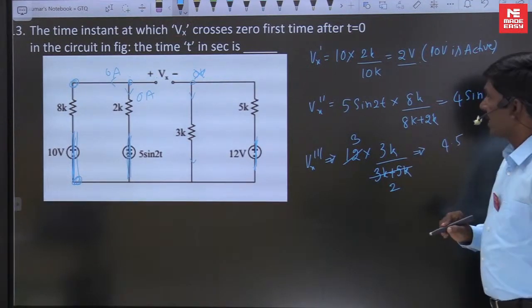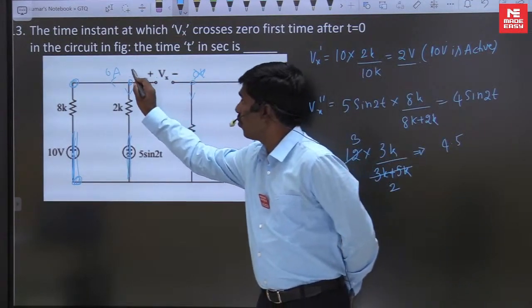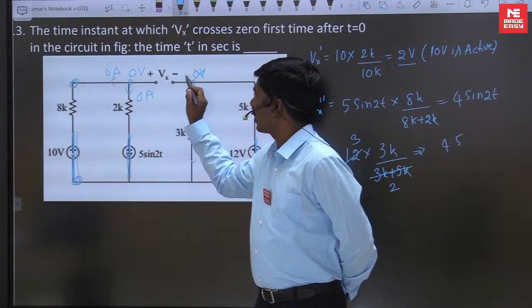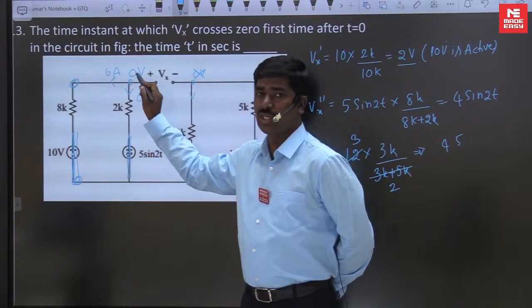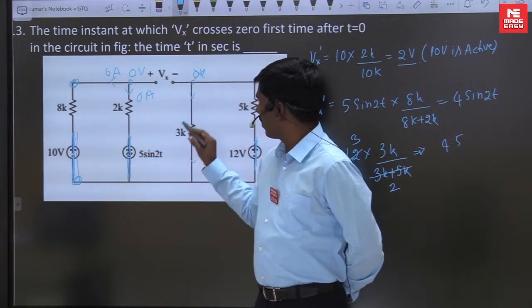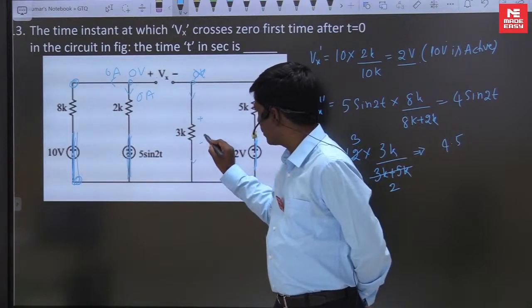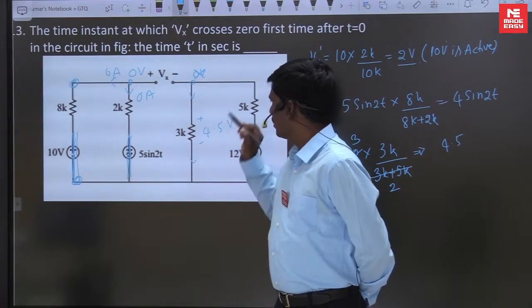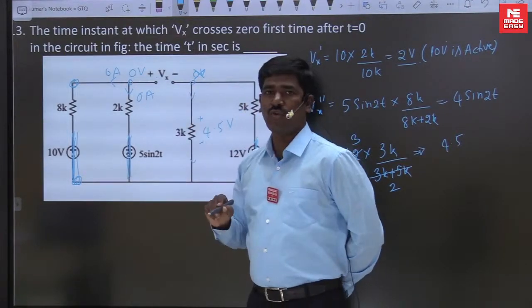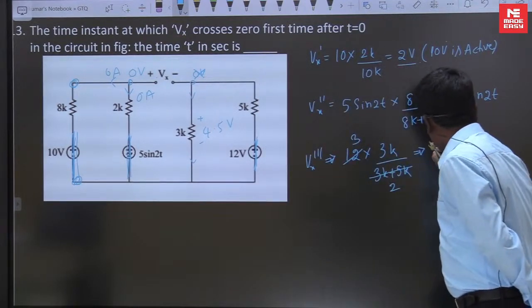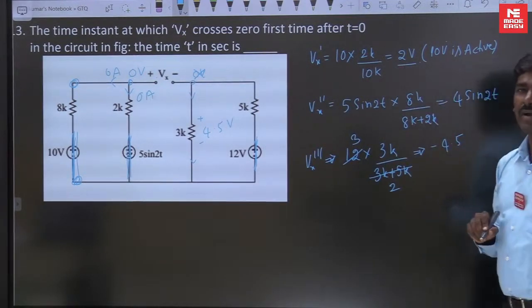But check, here is 0 ohms, so there is a minus sign here. Minus plus 0 minus this value. This value is 4.5, so 0 minus 4.5, so write minus 4.5.